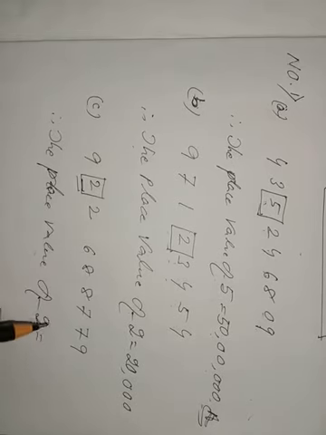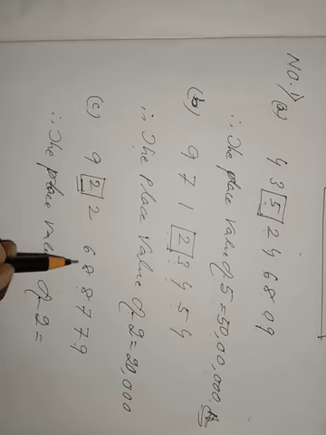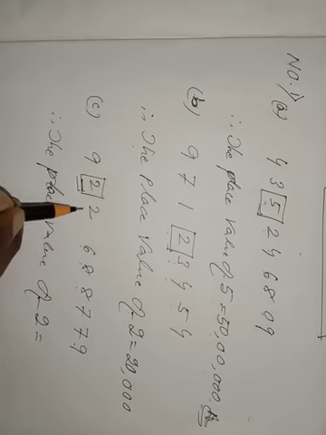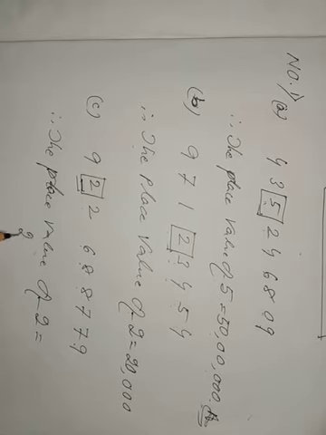Where is the position of 2? 1's place, 10's place, 100s, 1000s, 10,000, lakhs, 10 lakh, 100 lakh means crore. After 2, how many zeros are there?